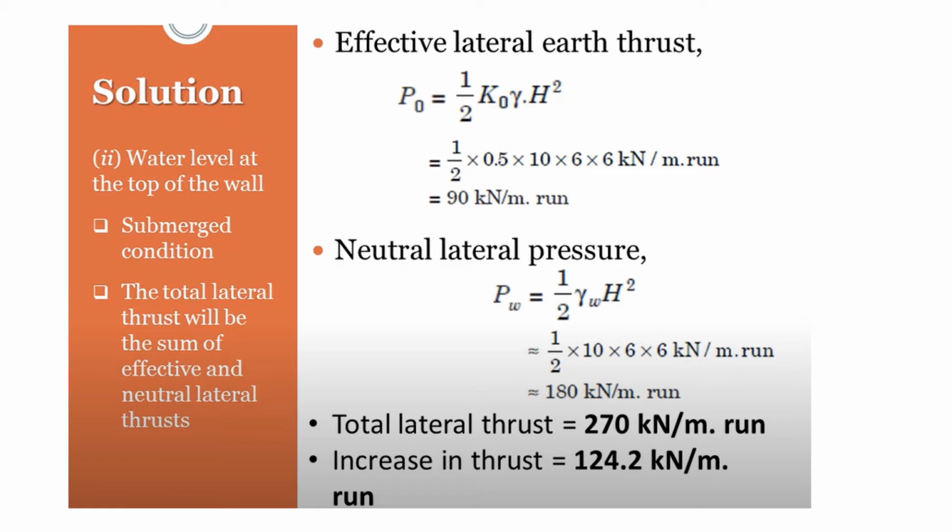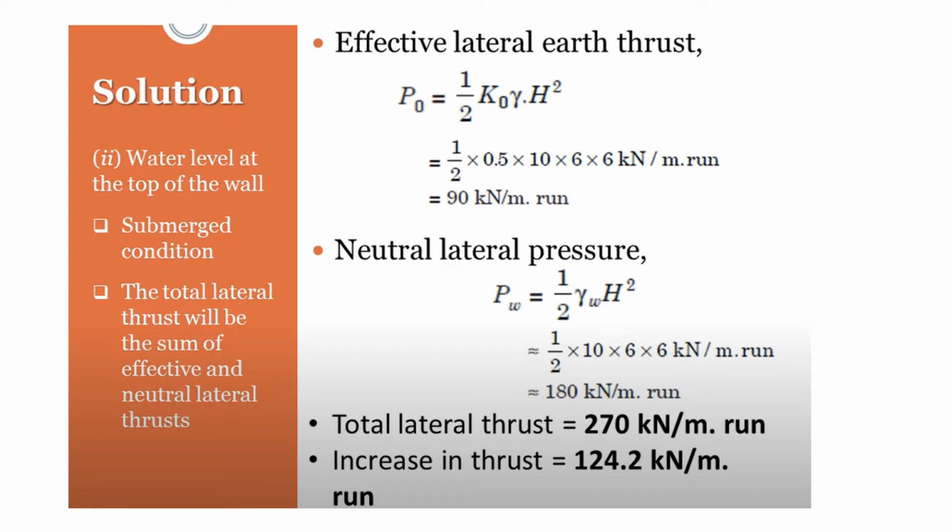And due to this water table, the pressure will be 1 by 2 into unit weight of water, that is gamma W, unit weight of water, which is taken as 10 itself, and H is the water table height, which is the height of the retaining wall itself, as the water table is at the top of the wall.